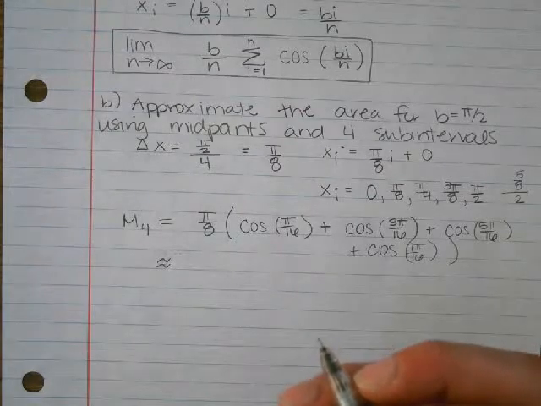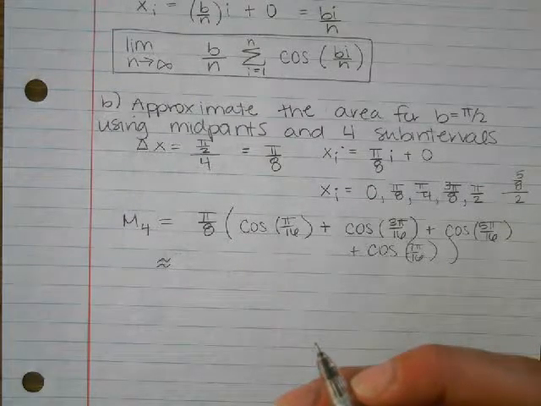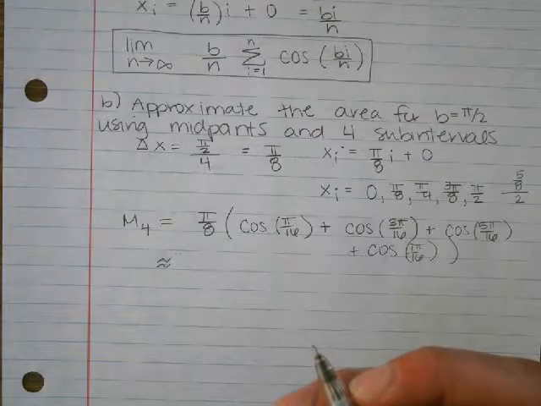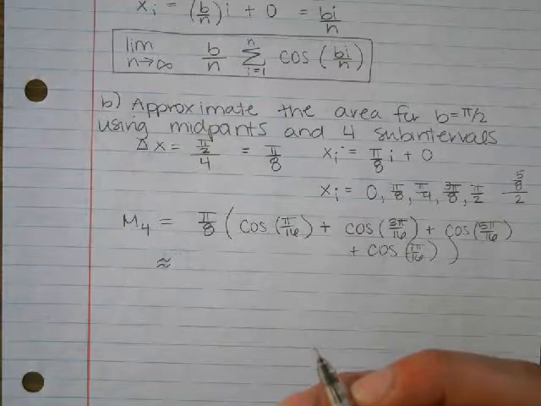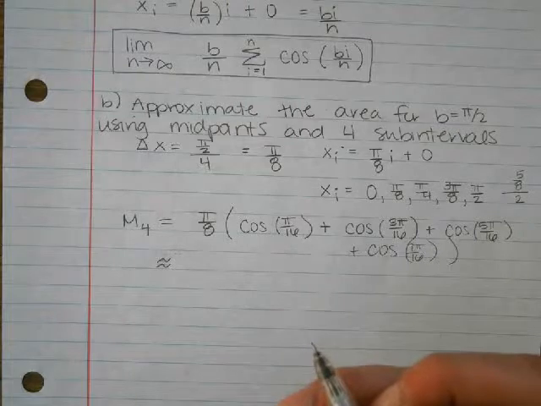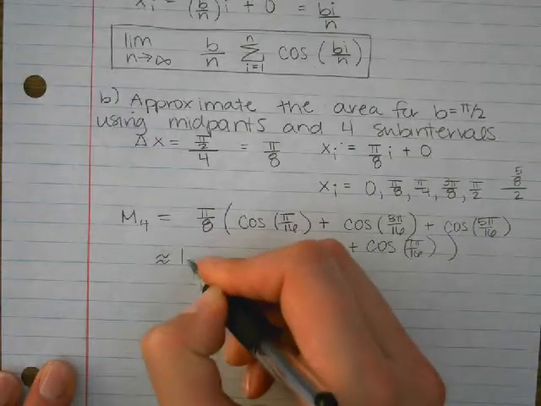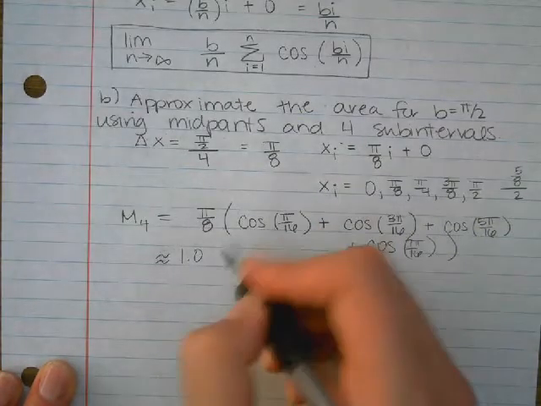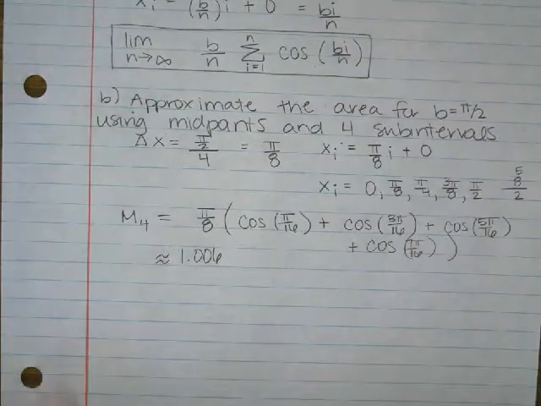It's not super close, no. Like, you say pi 7? Pi 7 is less close. Yes, what did you get? I got 1.006. Yeah, 1.006 is about what you guys should have gotten.